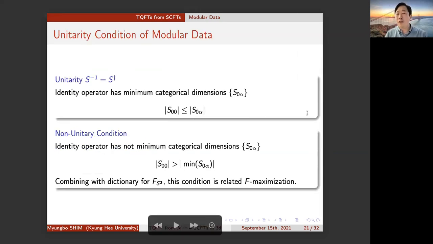There is a unitarity condition for our modular data. Unitarity means simply that the modular S-matrix is unitary.